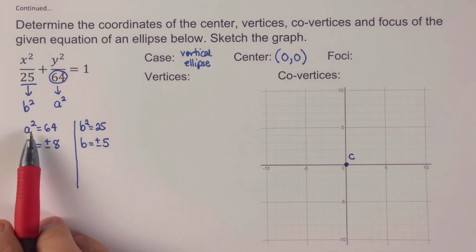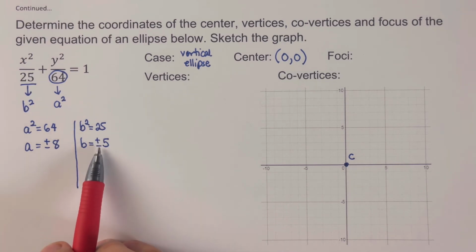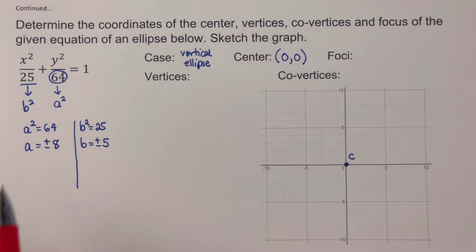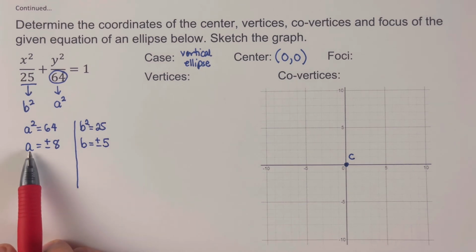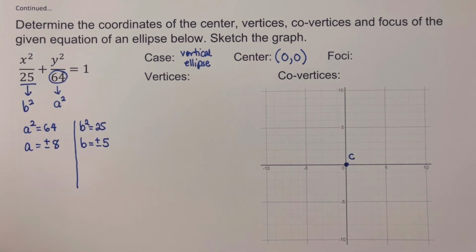I just got the square root of 64, that's plus minus 8, and the square root of 25, that's plus minus 5. We remember that A is the distance from the center to the vertex, and B is the distance from the center to the co-vertex. So I'm going to label that down here.